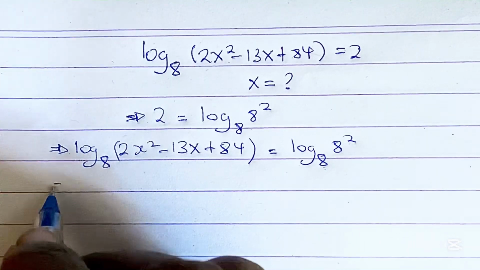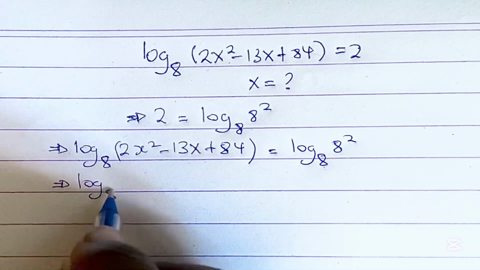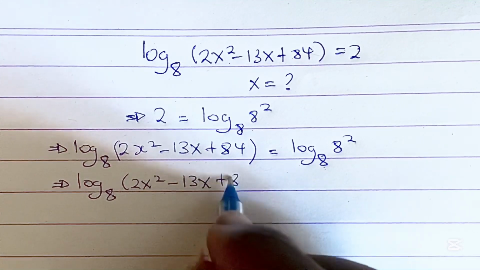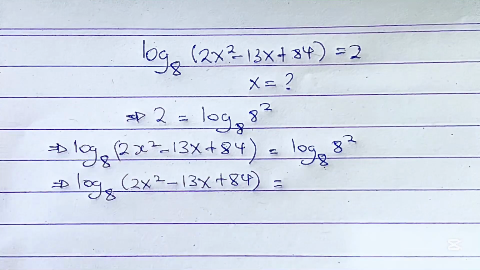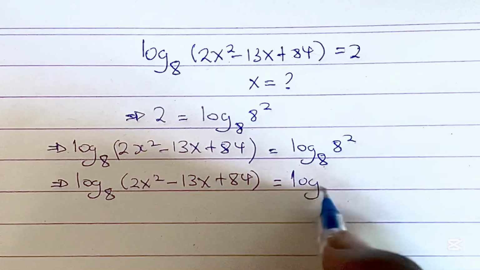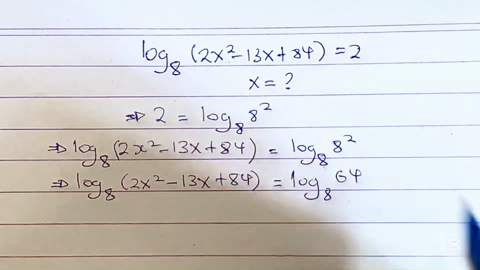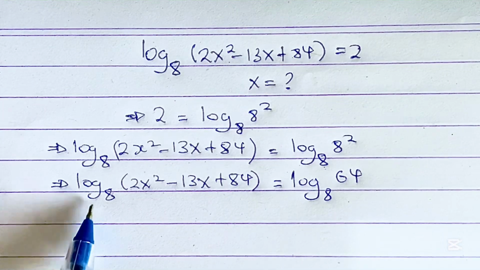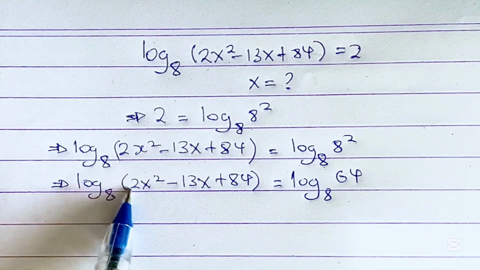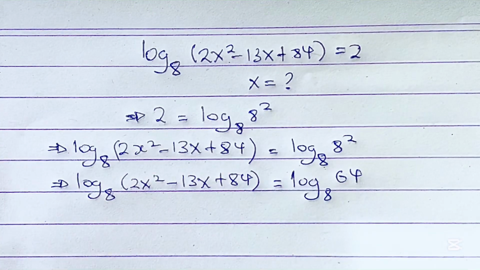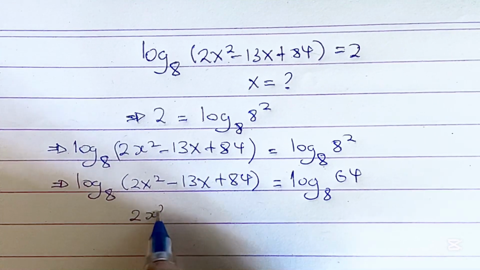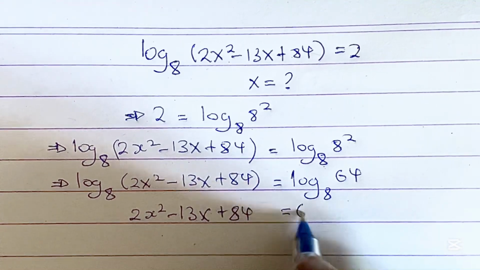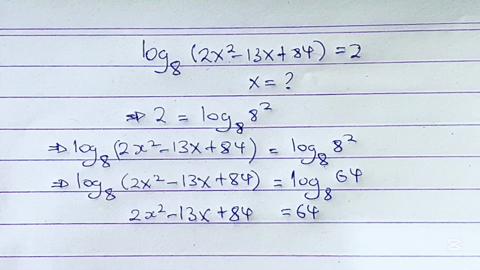So the next step, log 8 of 2x squared minus 13x plus 84 is equal to log 8 of 64. Since the bases are the same, we are going to equate this and this. So 2x squared minus 13x plus 84 is equal to 64.